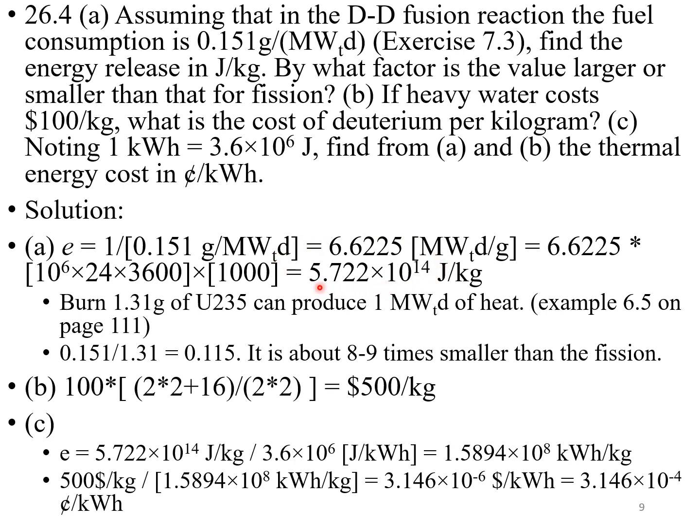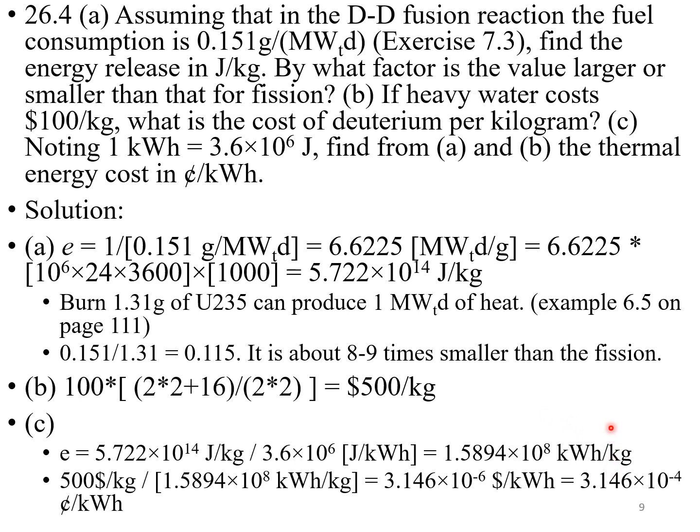We'd like to convert this unit to kilowatt hour per kilogram. So we use this joule per kilogram divided by joule per kilowatt hour. Then we convert this value to kilowatt hour per kilogram, so that we can make this unit consistent with what is requested.